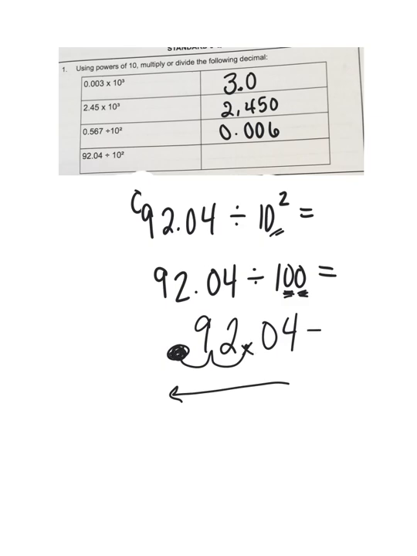So my quotient is going to be 92 hundredths. This is my quotient exactly, but I'm going to round it to the nearest hundredths place. There we go.